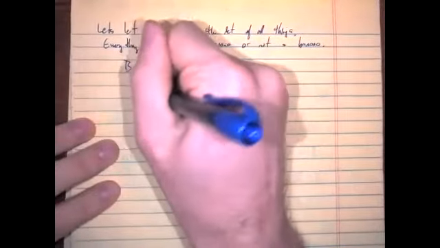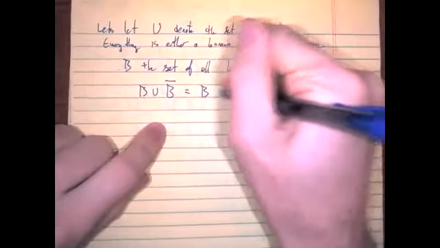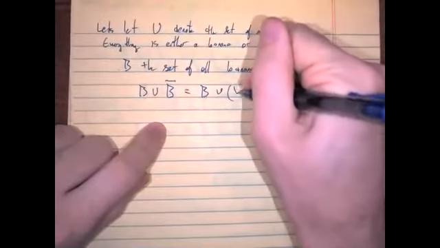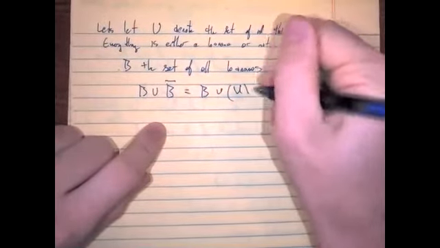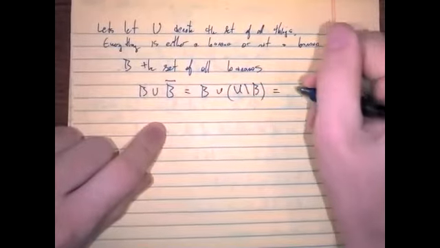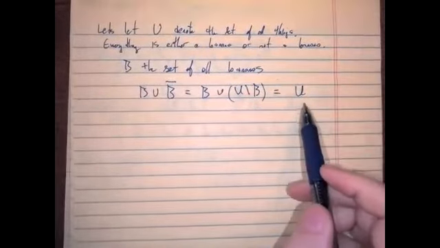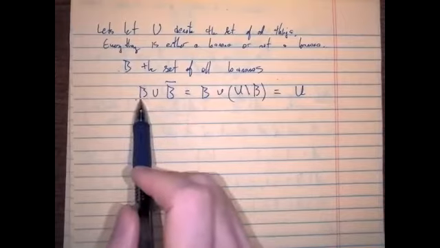And then, of course, what I'm saying is that if I take the set of all bananas and I union that with the complement of bananas, this is the same thing as bananas union U minus bananas, which is equal to U. So everything is either a banana or it's not a banana. You just take your whole universe, or your universal set U, and break it up into one set and its complement.